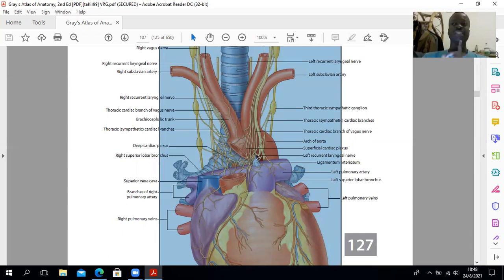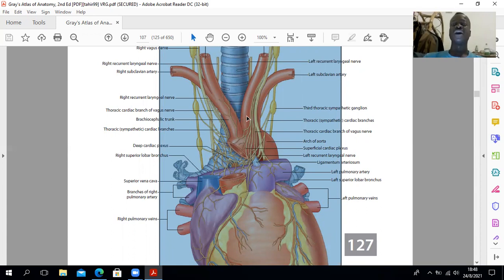Then all the branches of the vagus nerve plus the left recurrent laryngeal nerve will give the parasympathetic to the deep cardiac plexus, except the inferior cervical branch that we said was going to the superficial cardiac plexus. Then the sympathetic going to the deep cardiac plexus will come from all three cervical ganglia, the superior, the middle, and the inferior, as well as the upper 4 or 5 thoracic ganglia.